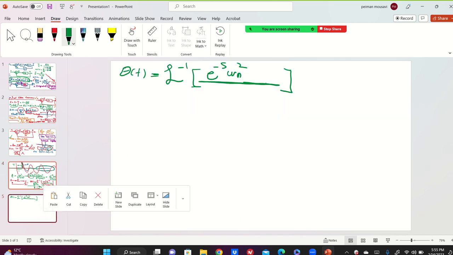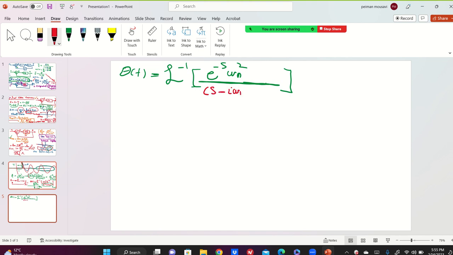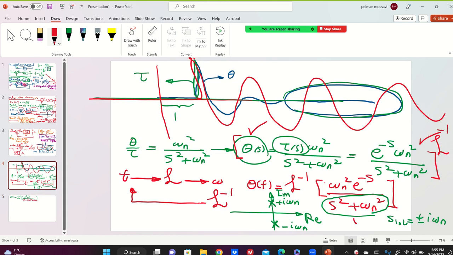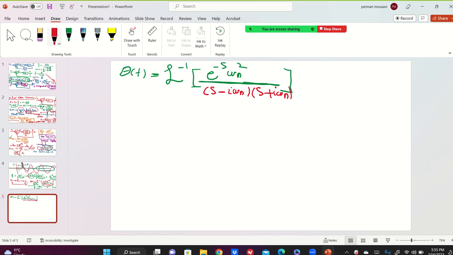So you can decompose it like this: s minus i omega n and s plus i omega n, from high school. Because if you multiply this, you're going to get this. Everyone agree? Yes or no?